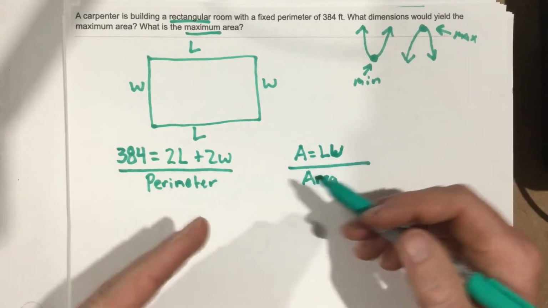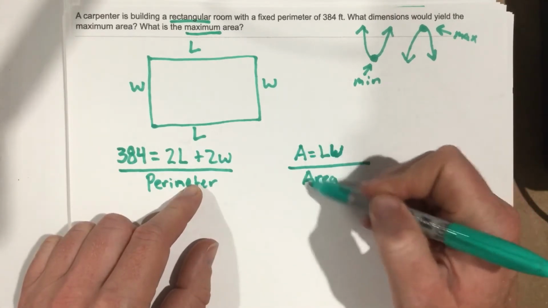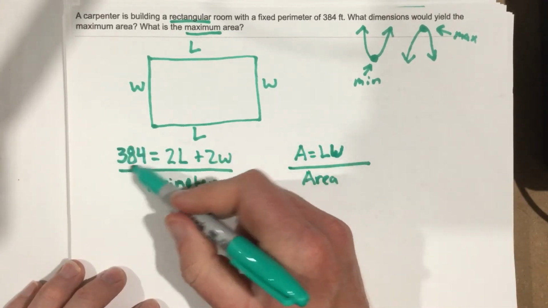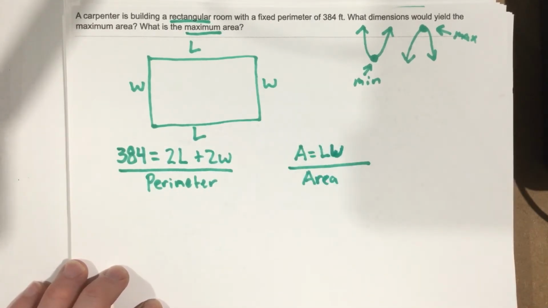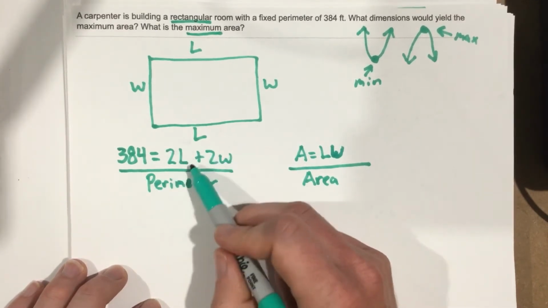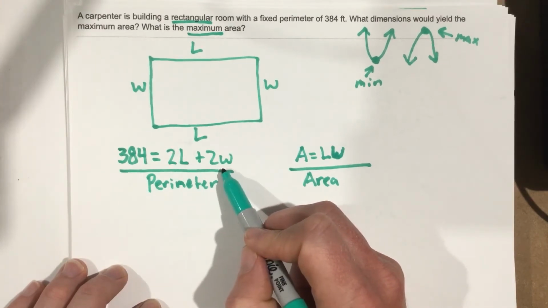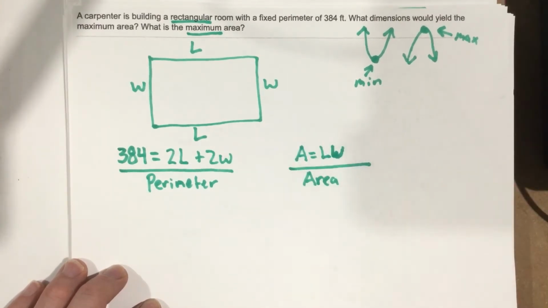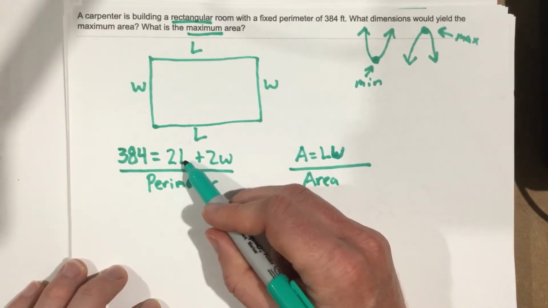We want to combine these two equations together because we're trying to maximize the area based on this perimeter. So we have to combine the perimeter equation with the area equation. In order to do that, let's take this equation, 2L plus 2W, solve it for either L or W, and then plug it into this equation. Let's say that L is the variable we're going to solve for.